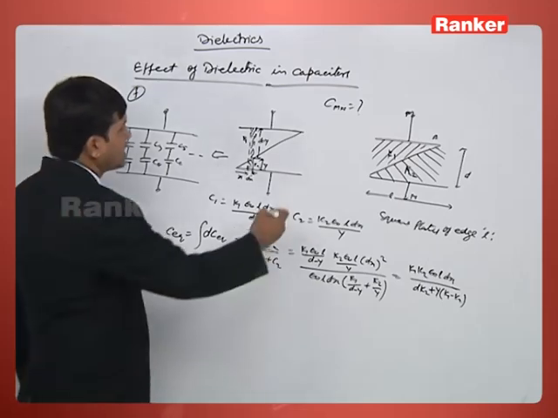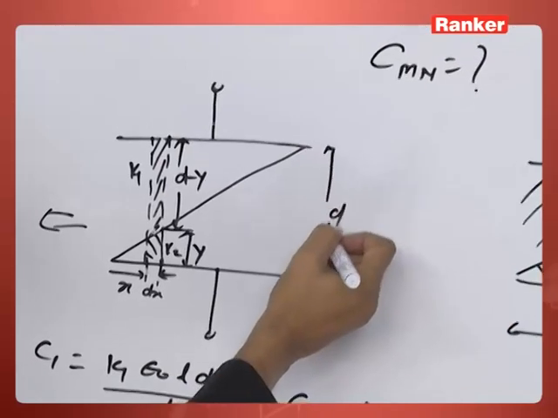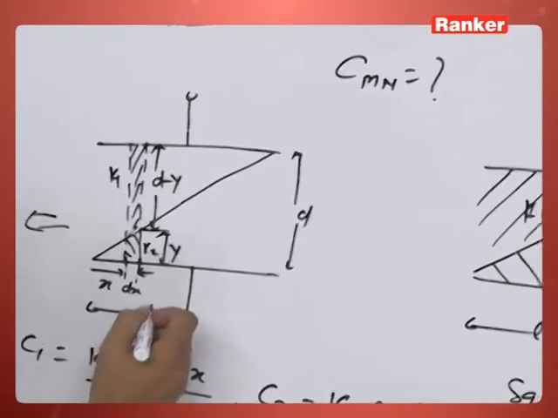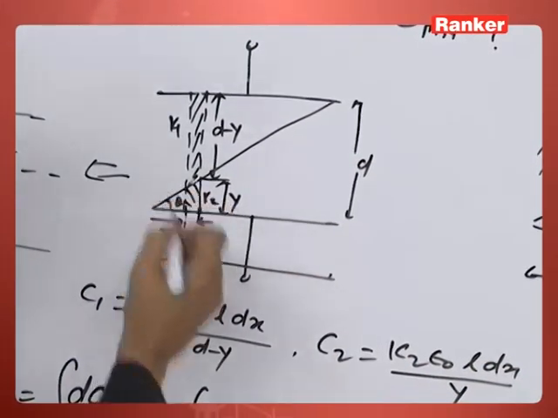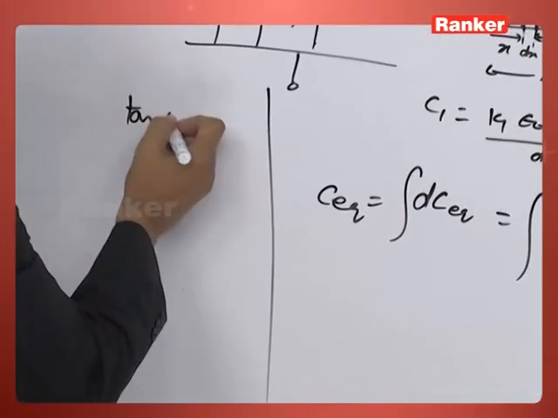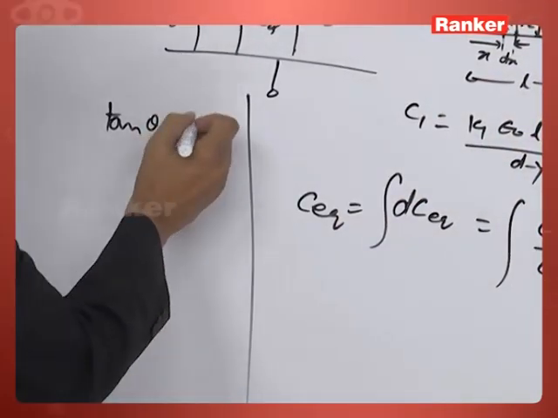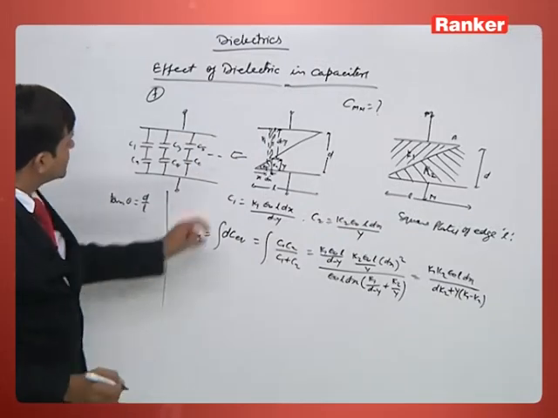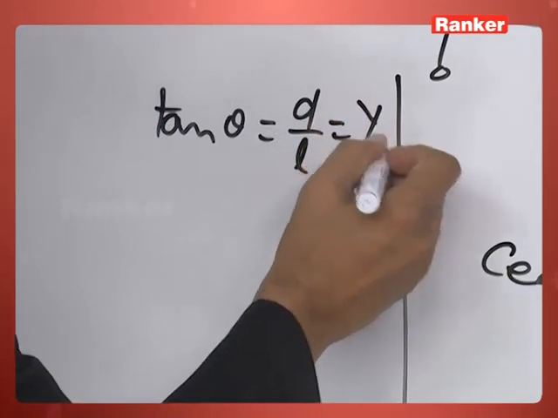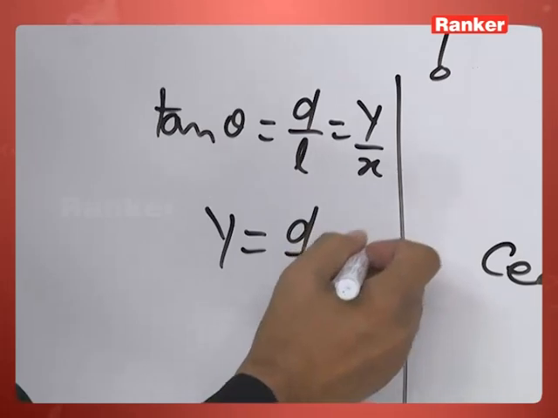So see, if we are considering this whole triangle, this is your d and this length is your L. If this angle is theta, then see in the diagram, tan theta is d by L, and this can further be written as y by x. So y can be written as d by L into x.